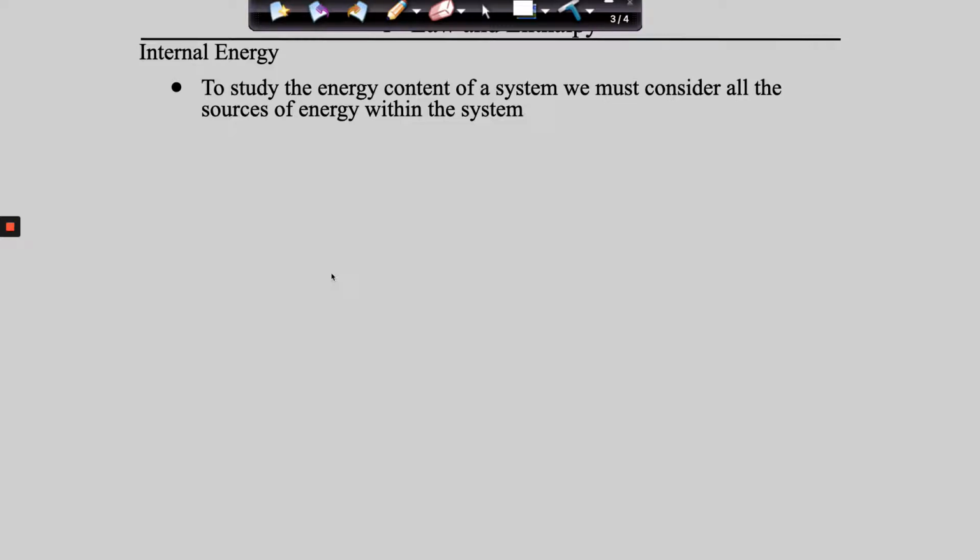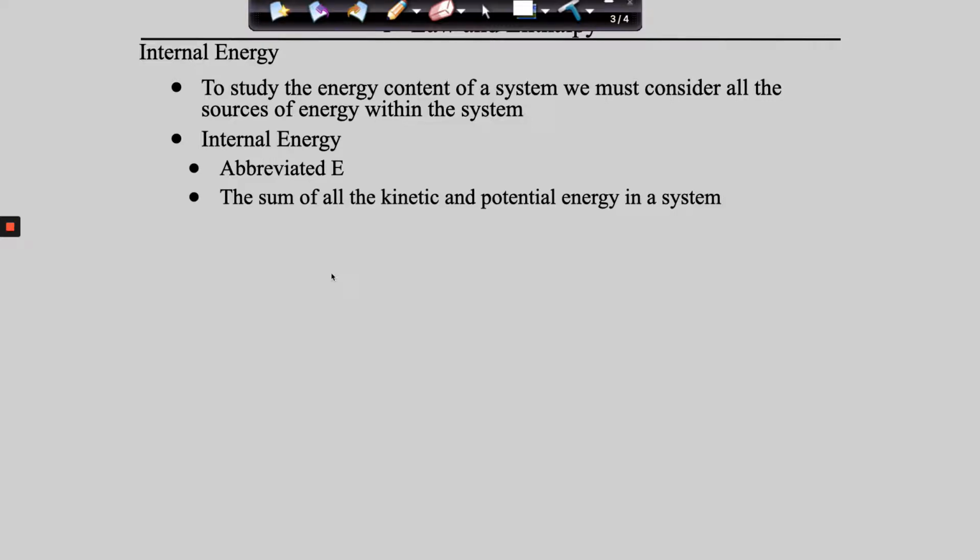So guys, when we're studying the total internal energy of a system, we have got to study all of the sources of energy within that system. And we call this internal energy, and it's abbreviated E. Now guys, the internal energy of a system, as you already know, is the sum of all of the kinetic and potential energy in the system. And you're going, I told you, this is going to start feeling like review again, right? Because it is. Guys, this is review.